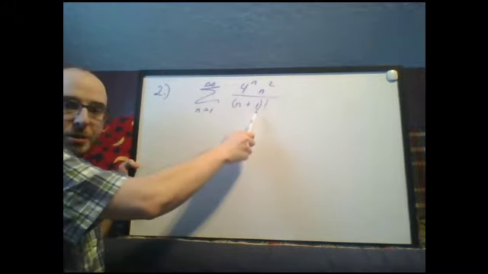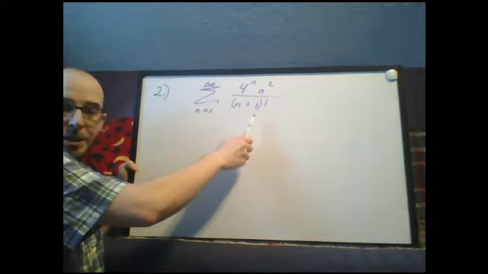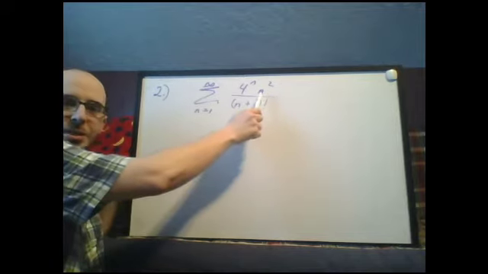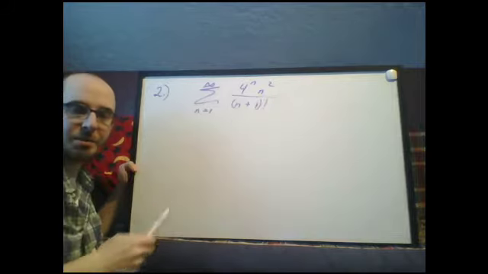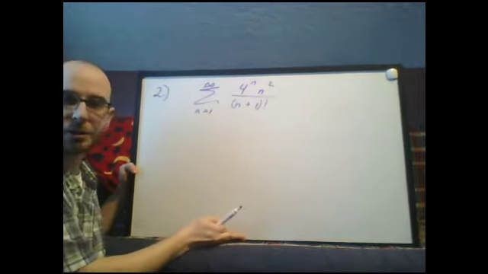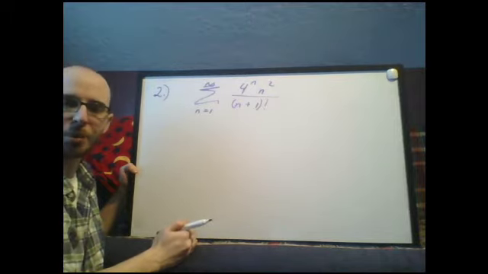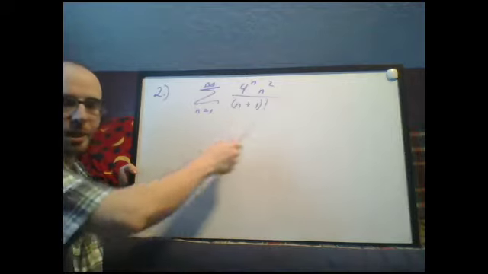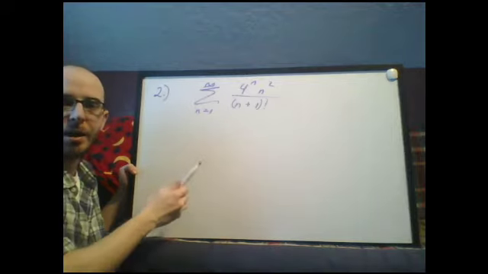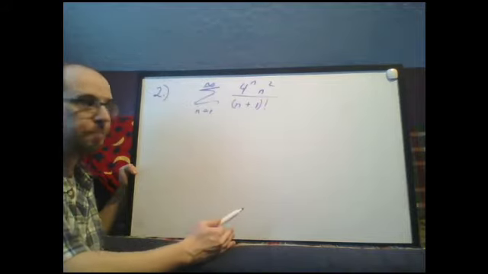But factorials, if I need to take the nth root of a factorial, that's going to be a mess to try to deal with. Even n squared, taking the nth root of n squared, that'll be a little bit more of a pain than doing a ratio test. So root test is only preferable in a very, very narrow kind of situation where every single thing in your sum is either a constant or something raised to an nth power.